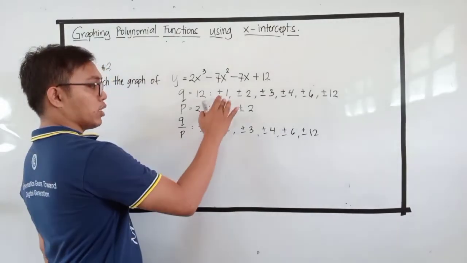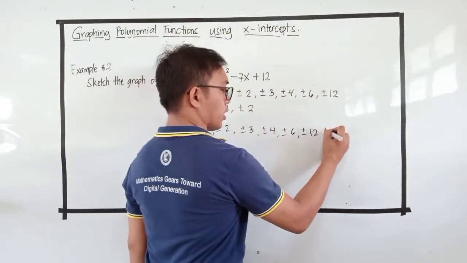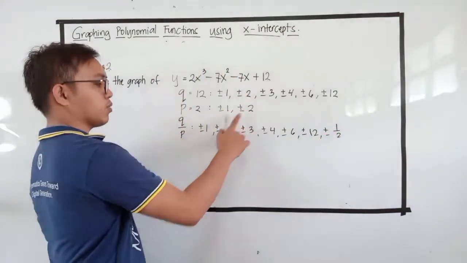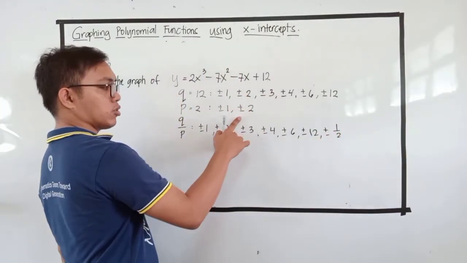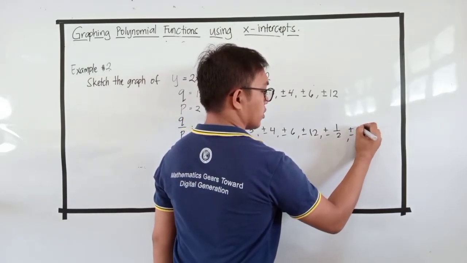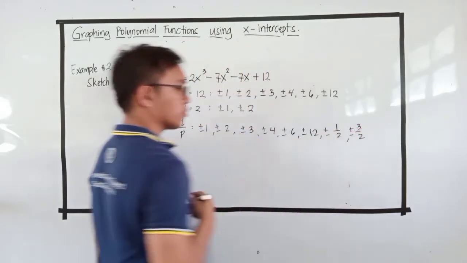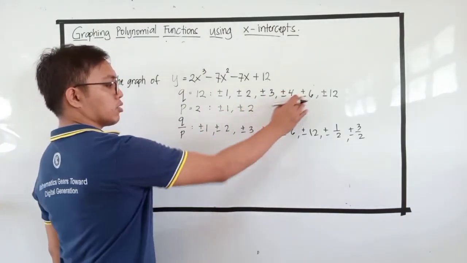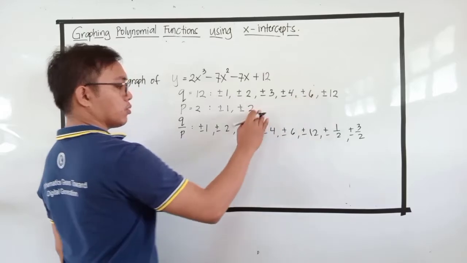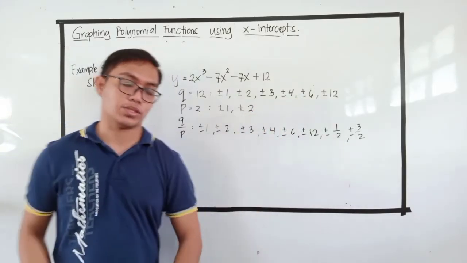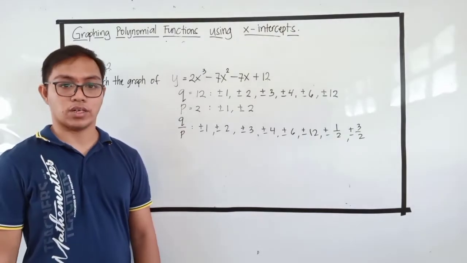And we repeat: 1 over 2, positive negative 1 half. 2 over 2 is 1. 3 over 2, so positive negative 3 over 2. 4 over 2 is 2. 6 over 2 is 3. 12 over 2 is 6. So these are the possible roots of our given function.